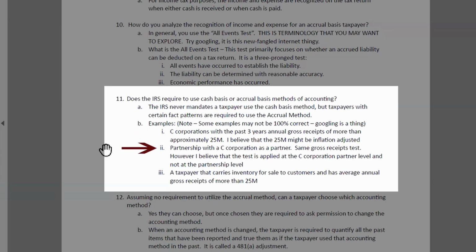Two, a partnership with a C corporation as a partner. Same gross receipts test, however, I believe the test is applied at the C corporation partner level and not the partnership level. And three, a taxpayer that carries inventory for sale to customers and has average annual gross receipts of more than 25 million.